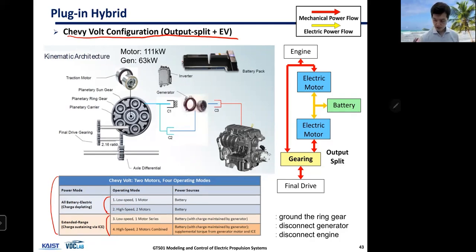And the hybrid mode, which is noted here as extended range mode, consists of 2 modes, one being series mode and the other one being split mode. This one is more suitable for high speed. This is more suitable for low speed, okay?